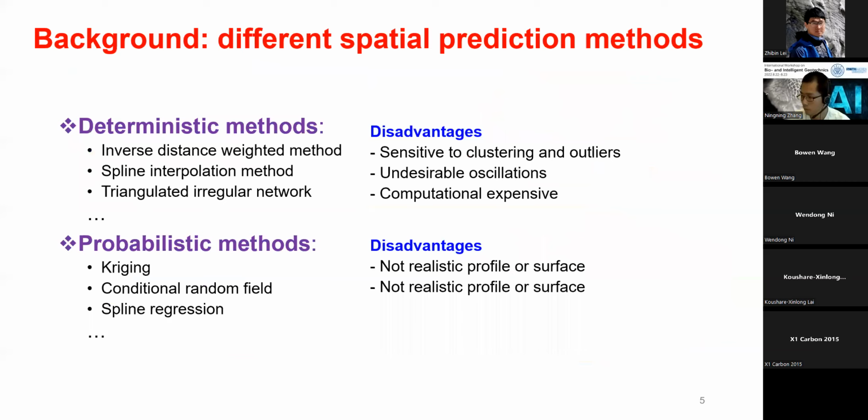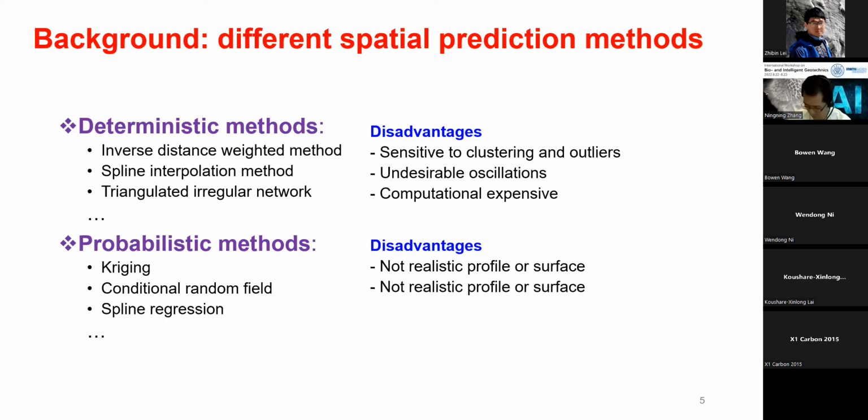In the literature, there are different types of spatial prediction methods. They can generally be divided into two categories: deterministic methods, such as the inverse distance weighted method and spline interpolation methods, and probabilistic methods, which may include Kriging methods, conditional random forest methods, and spline regression methods.